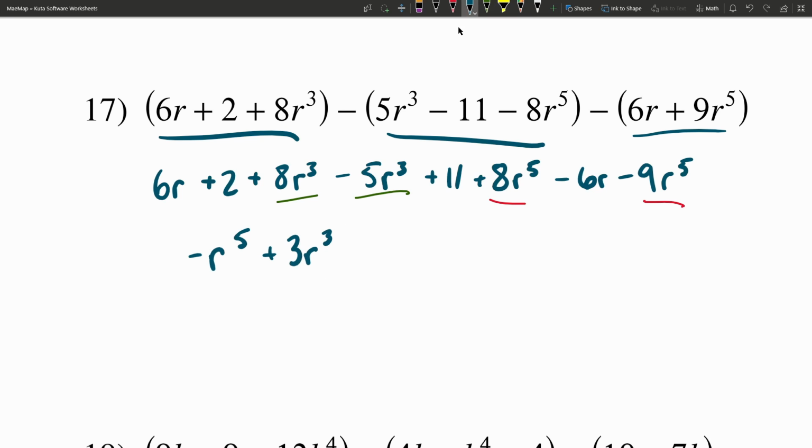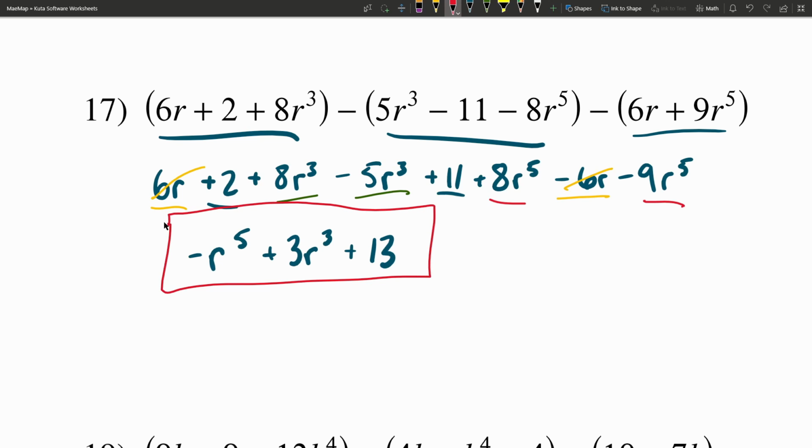Next, I have r to the 1st, which is here, and another r to the 1st, which is there, but 6r minus 6r is going to be 0r or 0, so those will cancel out. And then I have 2 plus 11, those two constants. 2 plus 11 results in a positive 13, so plus 13. There we have it, negative r to the 5th plus 3r cubed plus 13.